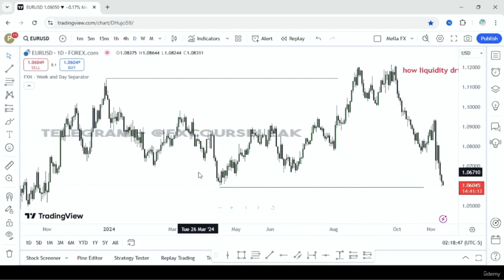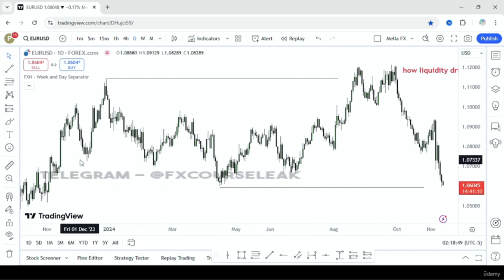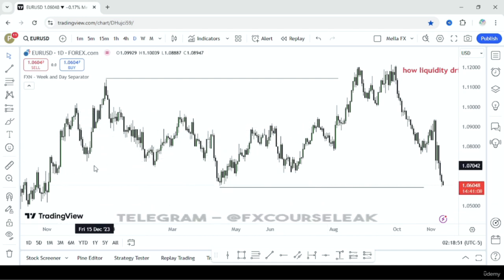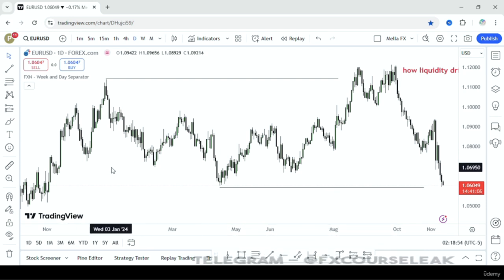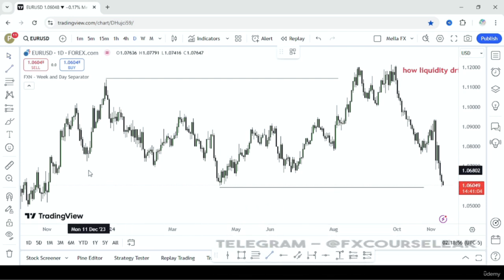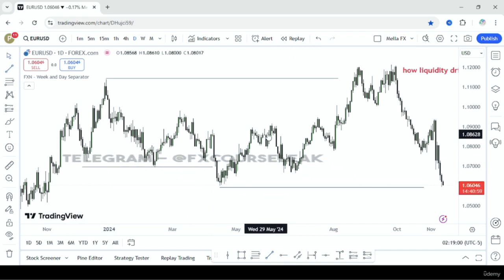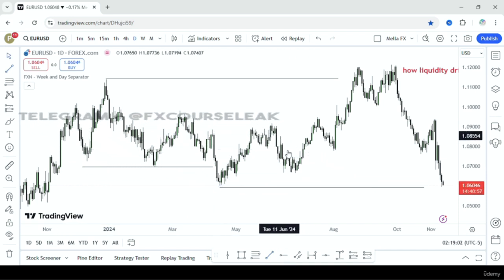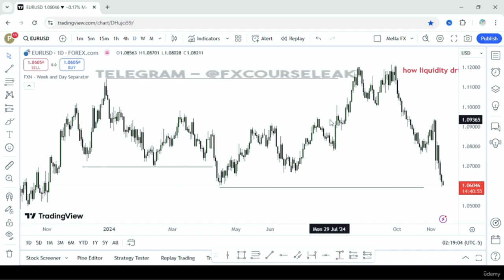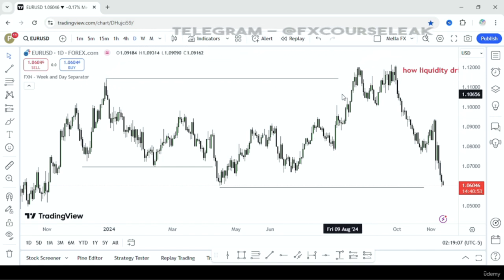We can see also here that when the market ran these relative equal lows, this sell side liquidity, the market broke structure, retraced back, then ran for the buy side liquidity.